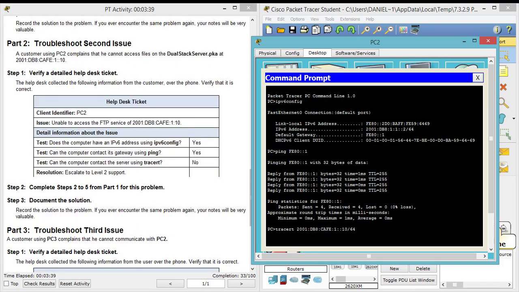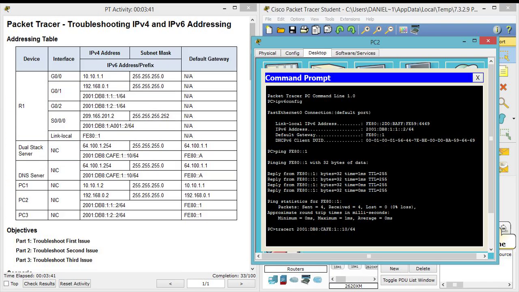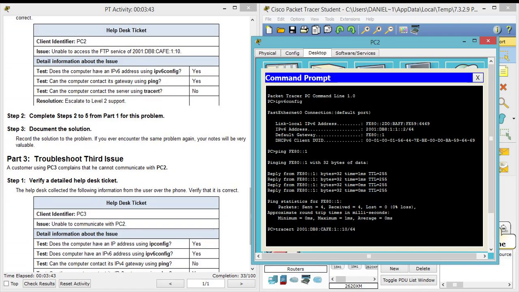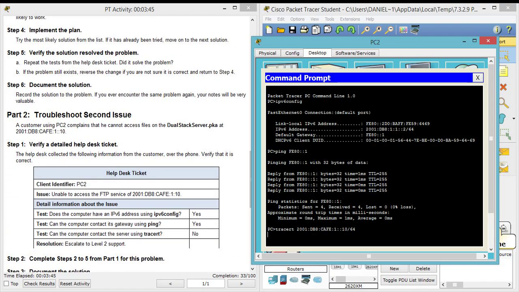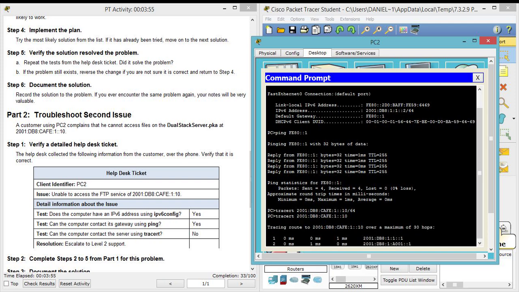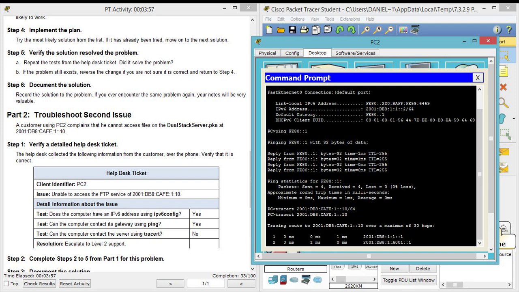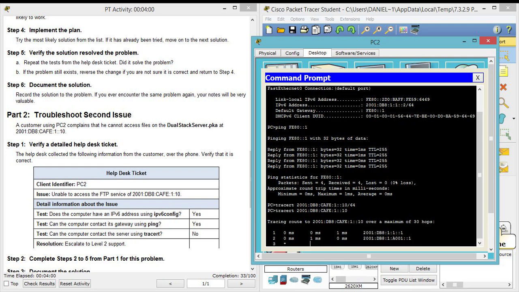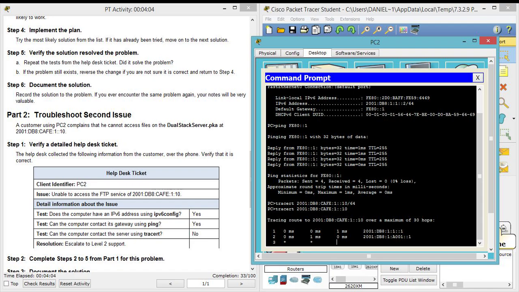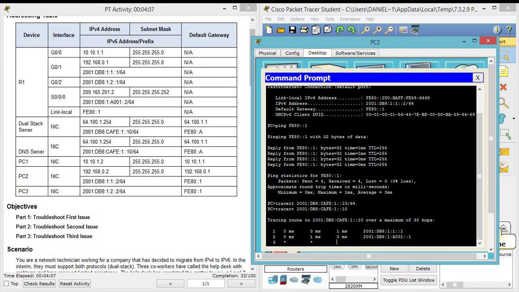I'm just making sure I typed it correctly, because sometimes I don't. Actually, I don't think you can tracert this. Okay, there we go. See, I make mistakes like that all the time. Alright, so it's going to fail on the third hop.